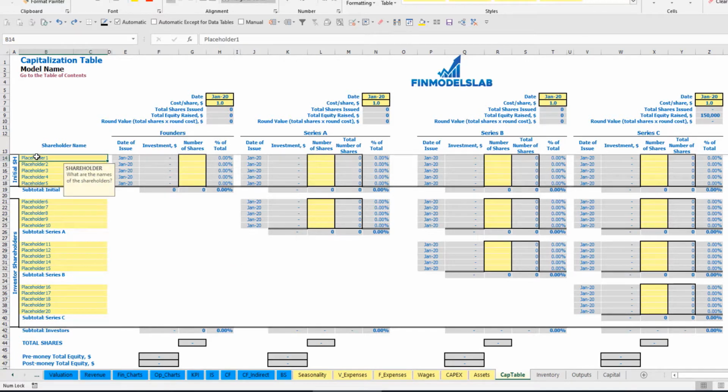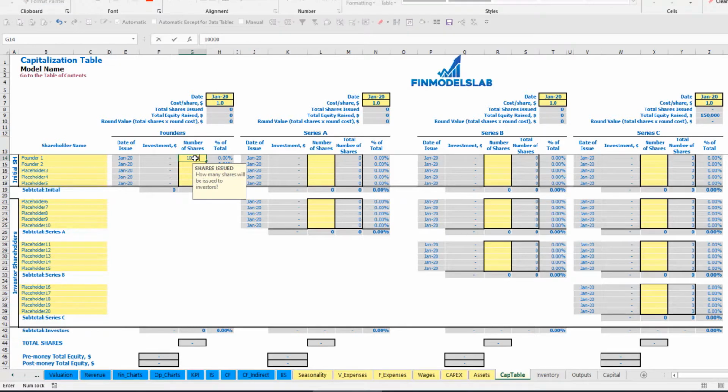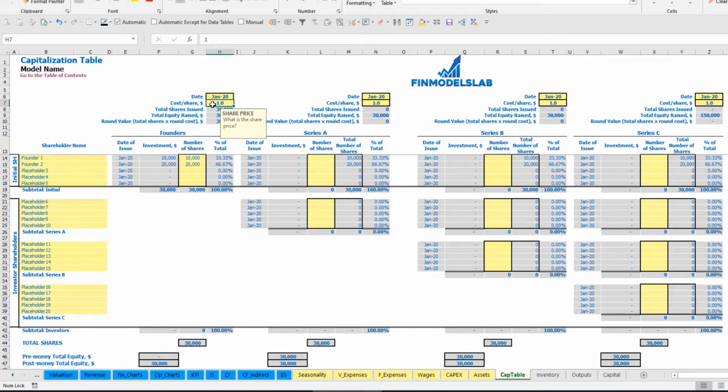Let's pretend that we have two founders, founder 1 and founder 2. The total amount of shares for founder 1 can be 10,000, and for founder 2, 20,000. Let's imagine that the cost of share will be $2 and the date of founding is February.